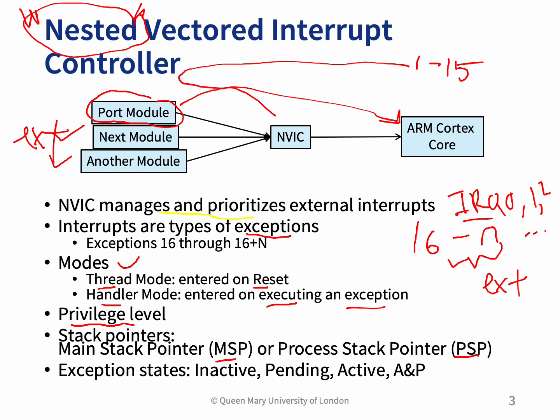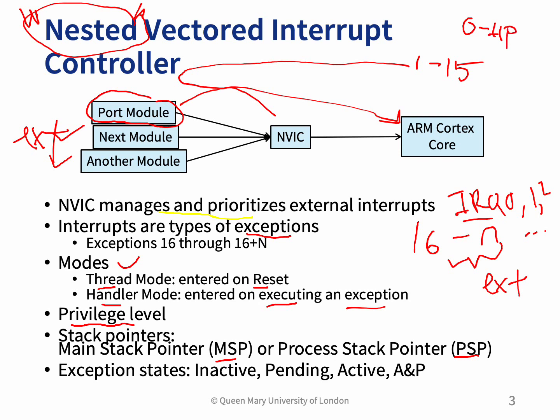And each interrupt will be assigned a priority, regardless of how many interrupts there are. We can set the priority value, for example, 0 is the highest priority.